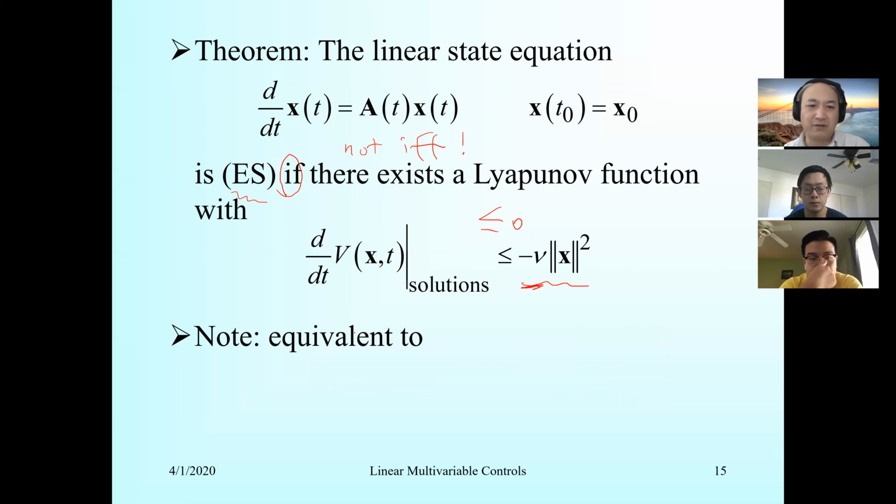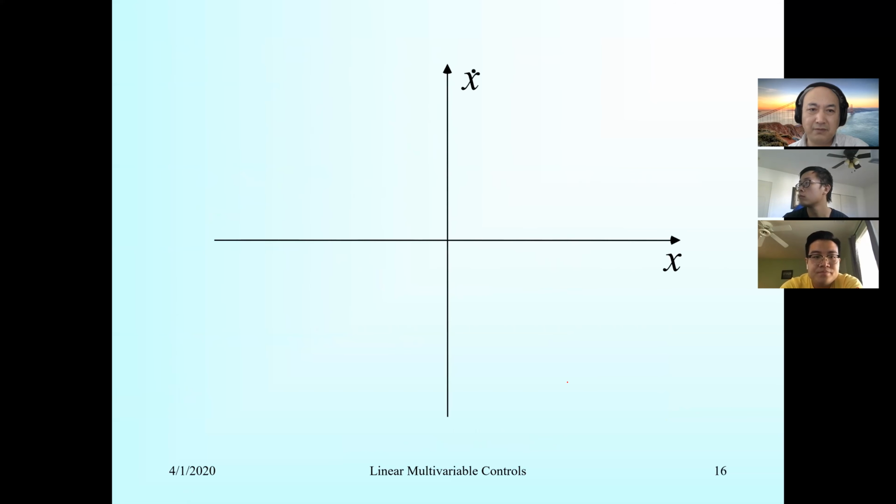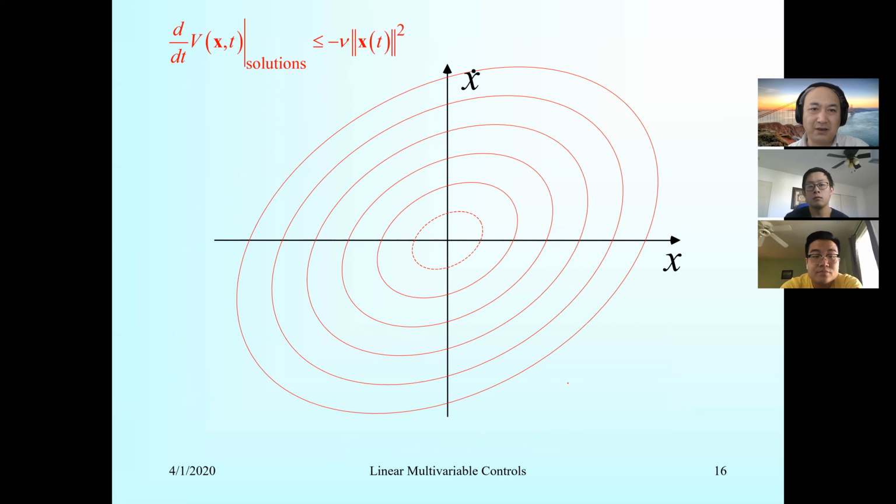So let's do equivalent. So this is V dot. This is called negative definite. So the solution is always less than the bound.